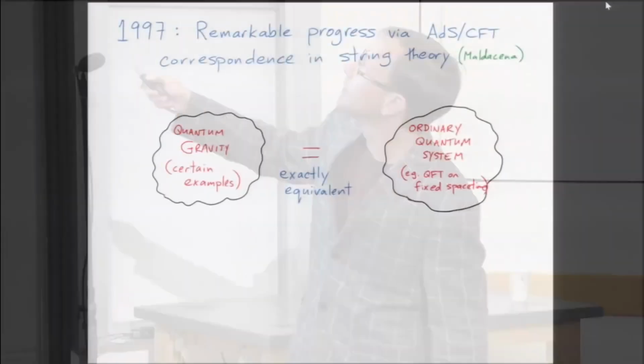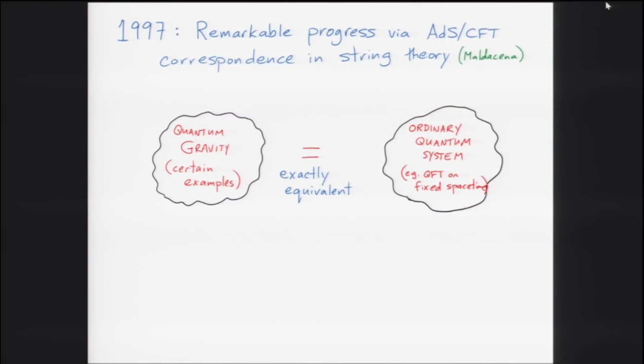Okay, so the field of string theory gave us a lot of progress in this direction. But I think in some ways, the first truly complete model of quantum gravity that came out of string theory came in 1997.